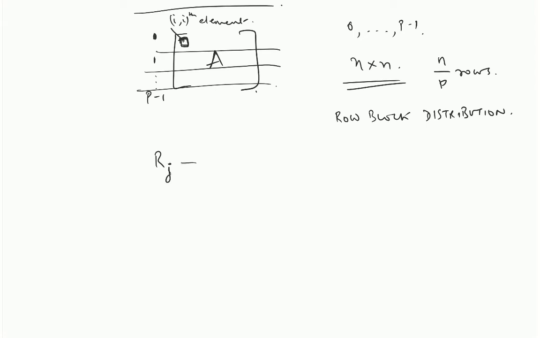Every row has to update: r_j goes to r_j minus a_ji by a_ii into r_i, where a_ji is the element under that diagonal element, in the jth row, ith column. Is that clear?